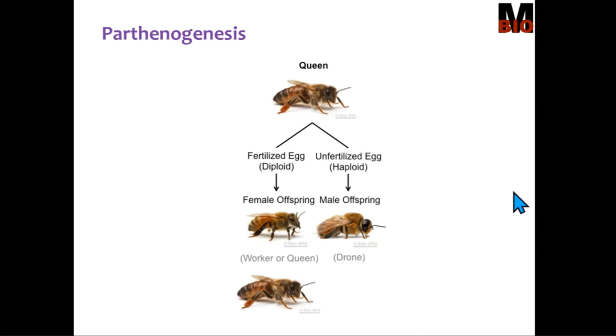Parthenogenesis is the development of an organism from an unfertilized egg. The most striking example for parthenogenesis in phylum Arthropoda is exhibited by the honeybees.